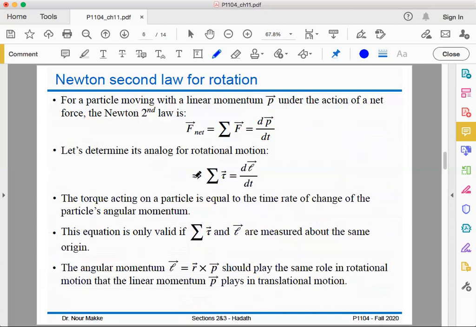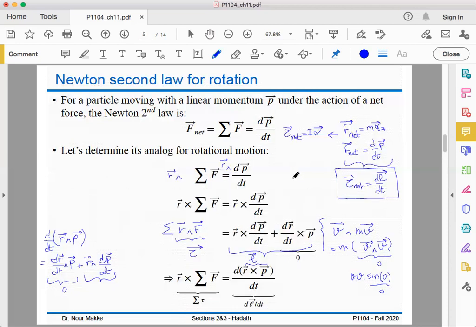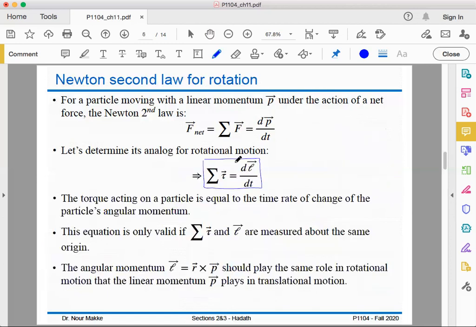And so we end up with this equation in here. Sum of tau is equal to the derivative of the angular momentum with respect to time. وهيدي فعلا هي الشيء اللي وصلنا له قبل اللي هون قلناه انه tau net is equal to the derivative of the angular momentum with respect to time.